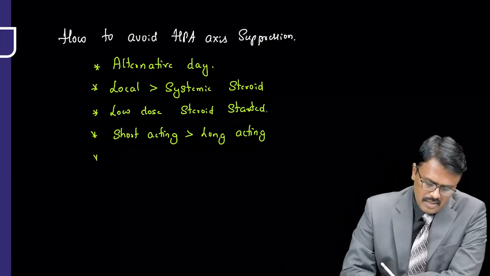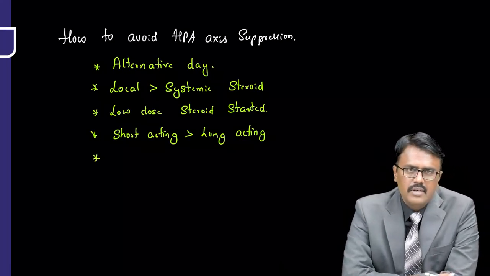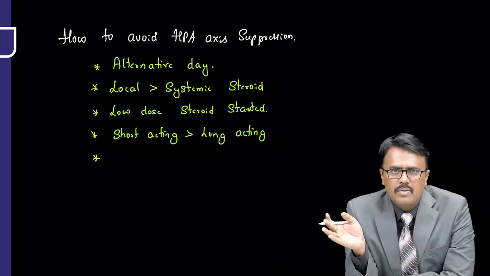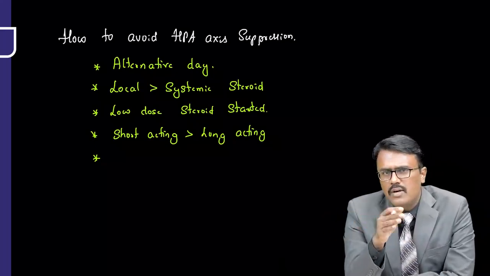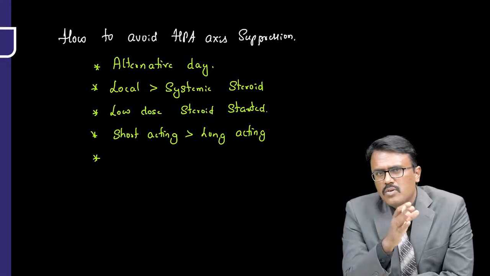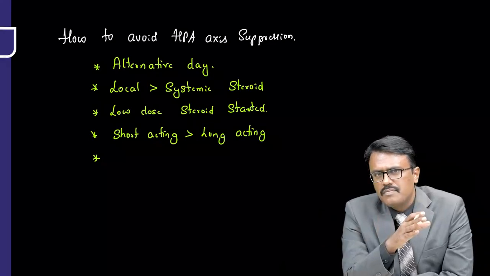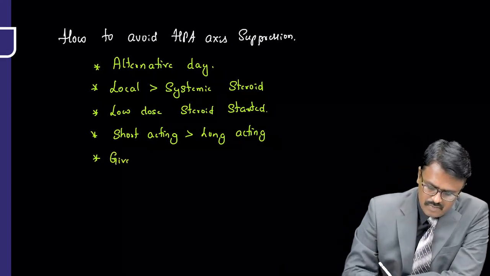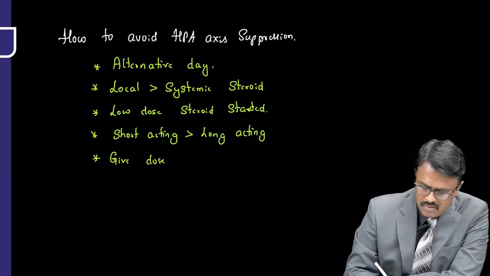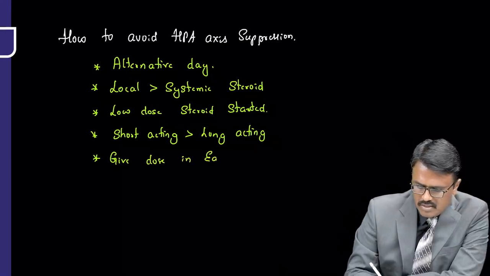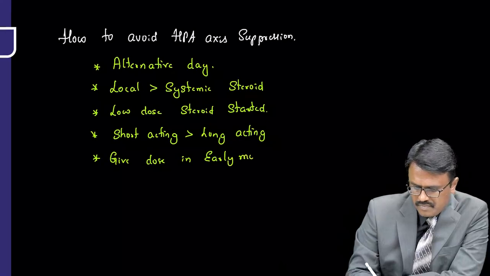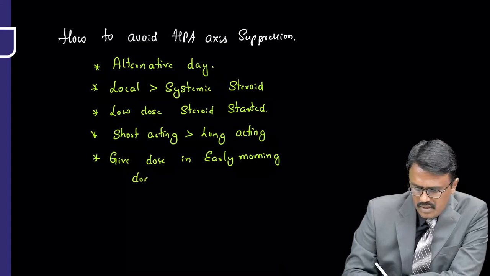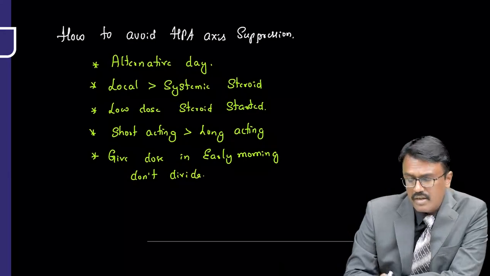That's the reason. Another important point is, if I want to give steroid to a person, should I divide the dose or give the dose at one point of time? Don't divide the dose. Give the dose in the early morning itself, and don't divide it into early morning, afternoon and night.